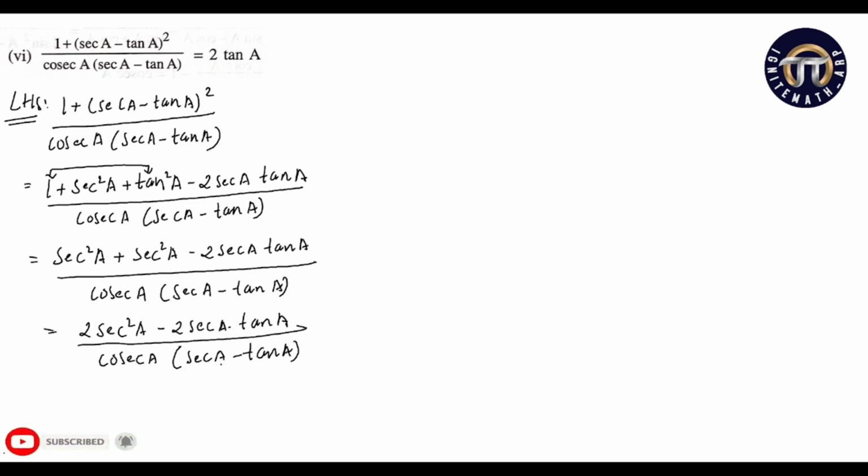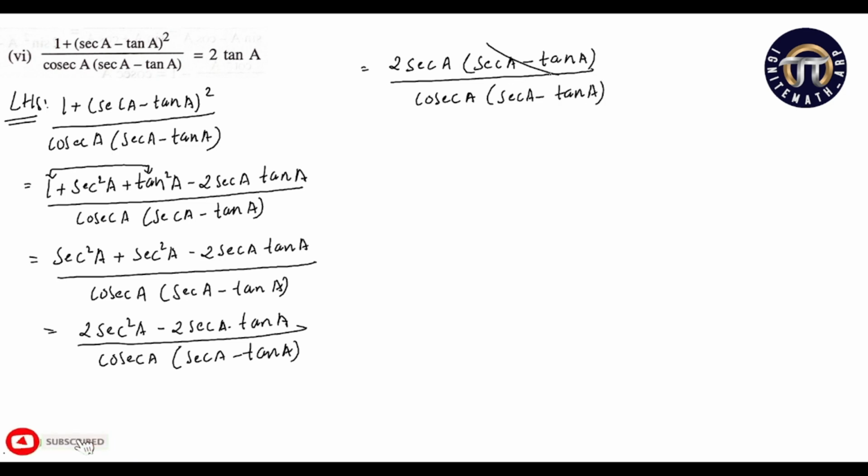Clear, children? In the next step, 2 secant a I will take out common. So I'll factorize this. 2 secant a I have taken common. Then I'll be left with sec a minus tan a divided by cosec a, then sec a minus tan a. So sec a minus tan a will get cancelled.